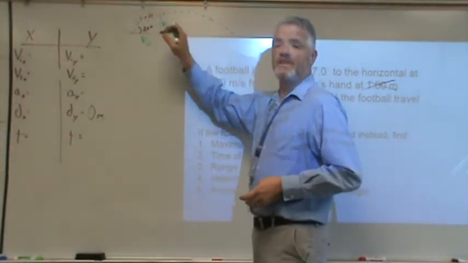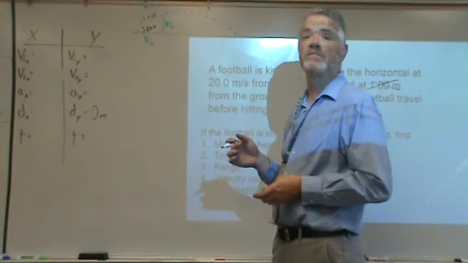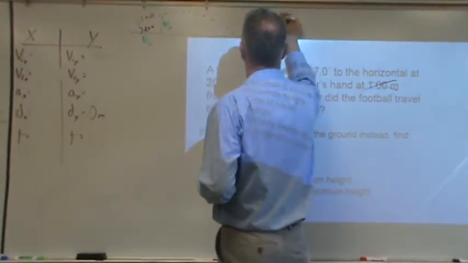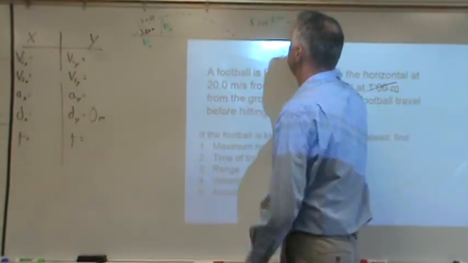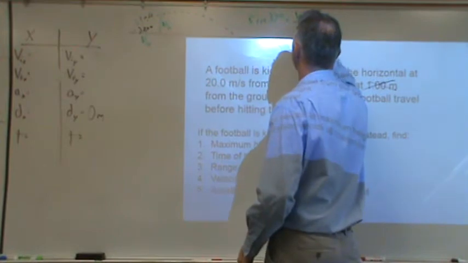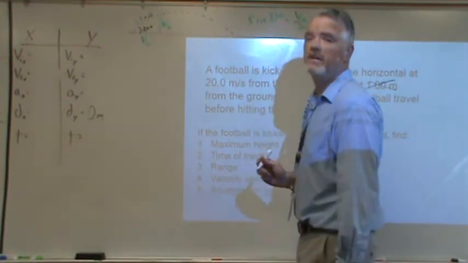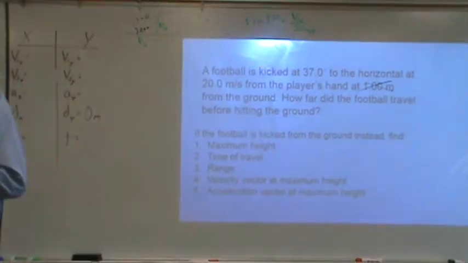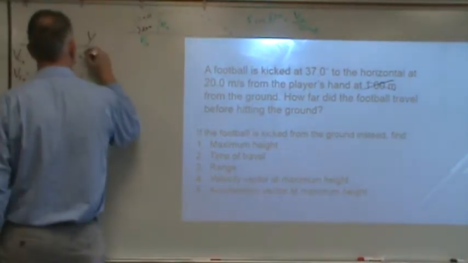Solving for the opposite side, which trig function do I use? Sine. 37 degrees. You guys just solved this for the other one, so you should be okay on these. VIY over 20 meters per second. What's my VIY end up being? Same as the last one, 12 meters per second.